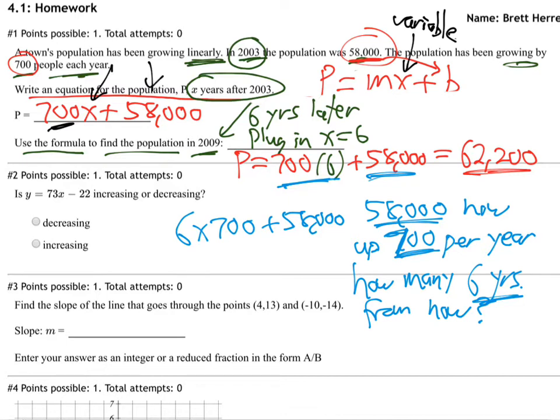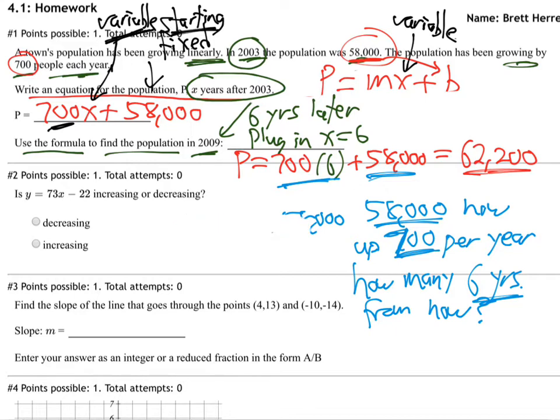And the 58,000 is the fixed part, or the starting part. So just know you're going to have a variable part and then a starting part. You're going to have a part that's changing, 700 per year. That goes next to the x. It's by the variable. It's varying. And then the part at the back is where it started. And that won't just be for this one, but for lots of these formulas, it'll work that way.